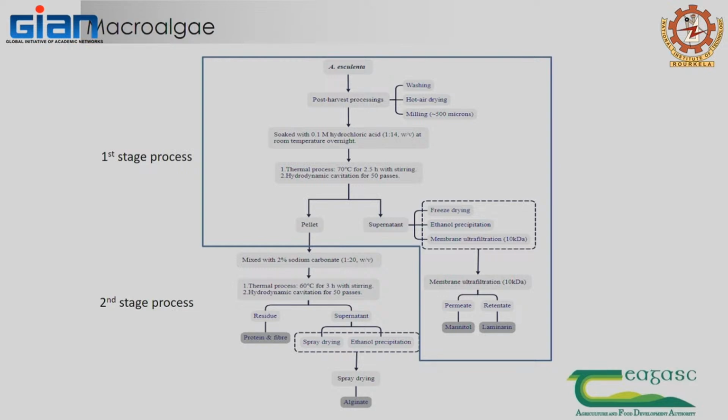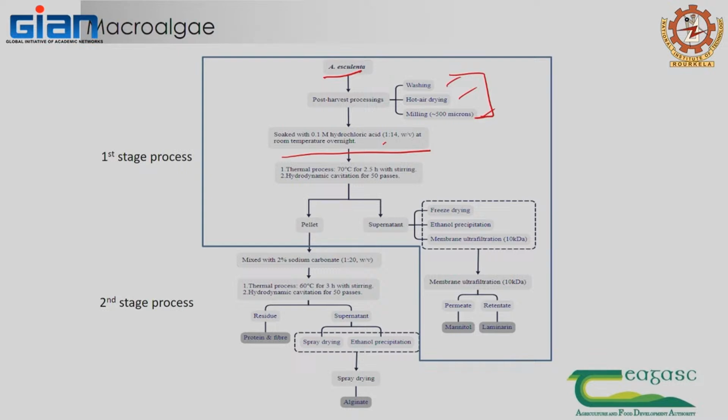Now, if you look at the macroalgae, whatever biorefineries were carried out, this shows the application of different technologies at different stages of macroalgae. The seaweed remains the same, that is Alaria esculenta. Post harvest operations, what we discussed the other day: washing, hot air drying or milling, soaking in 0.1 molar hydrochloric acid.